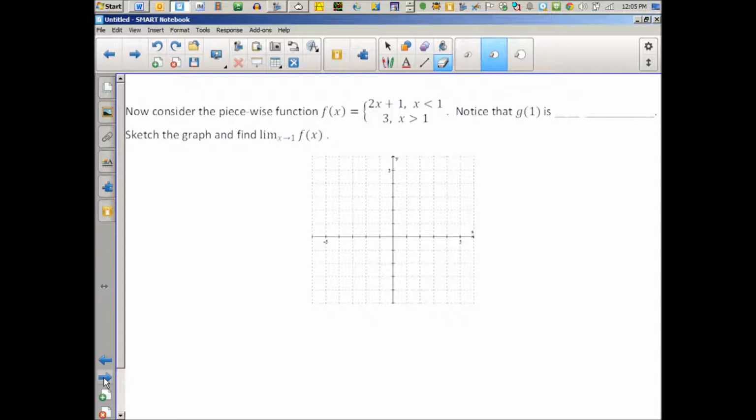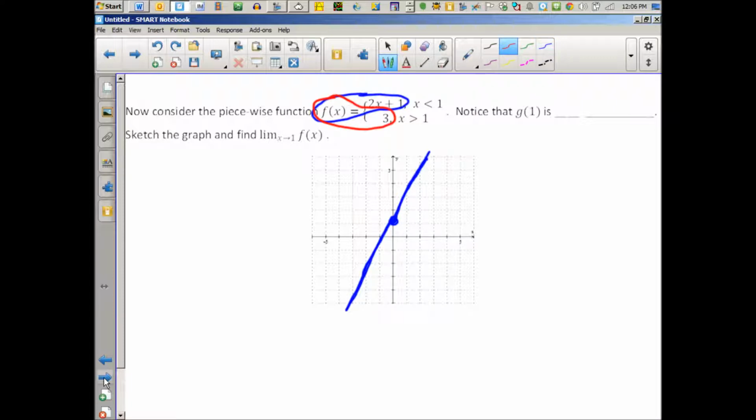This graph isn't very hard to draw. Remember how to graph a piecewise function? So it's really two functions, right? It's y equals 2x plus 1, which looks like this. Passes through 1, has a slope of 2. And it's also the graph y equals 3, which looks like this.